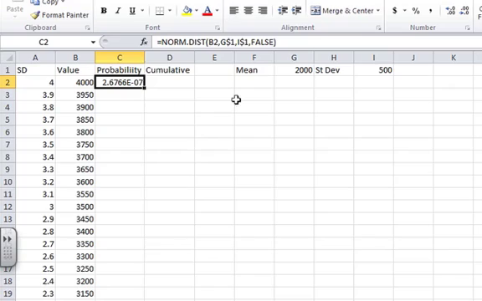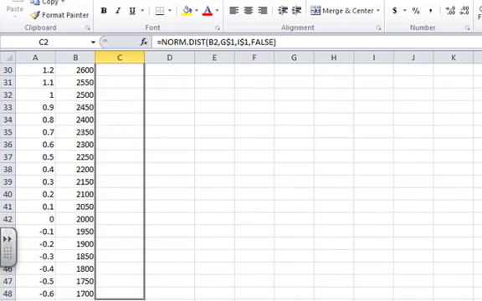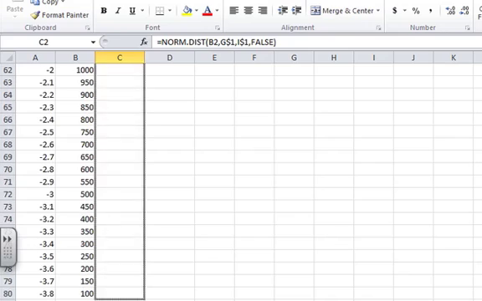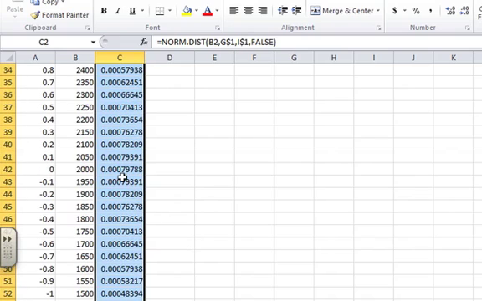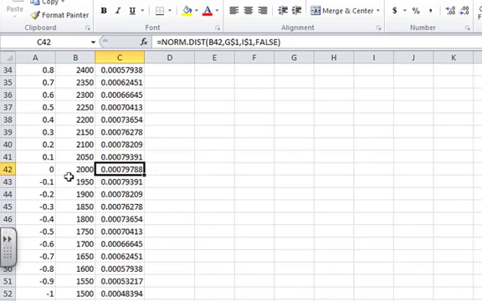And so when I copy this down, you can see that the probability of having exactly 2000 as a value is a very low number, but keep in mind, it was 2001, 2002, 2003, all those are around there.